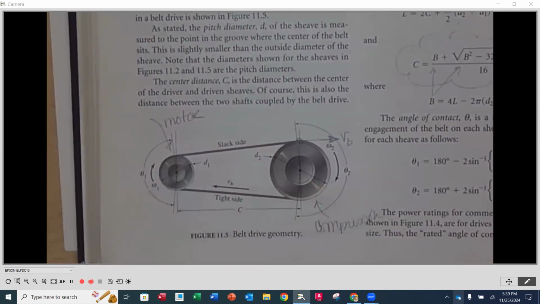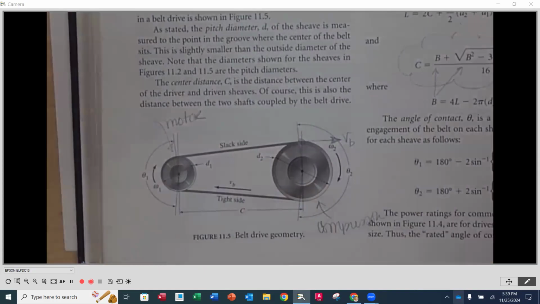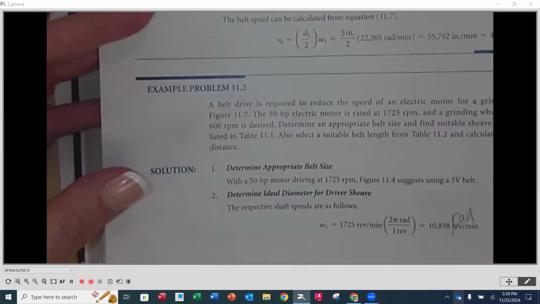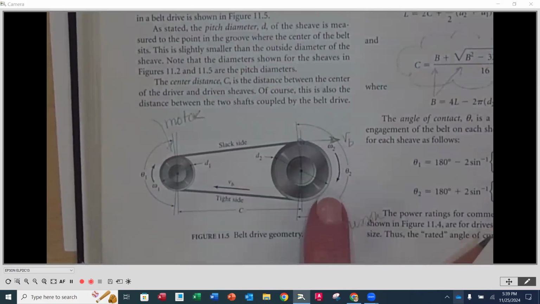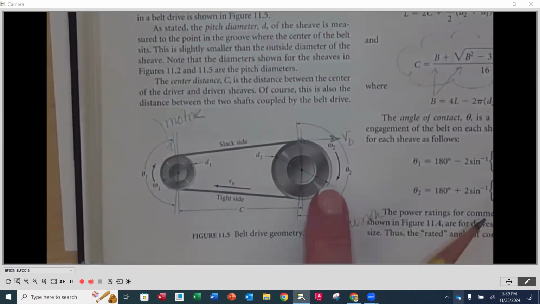We would have our small sheave on our motor and our large sheave going to the compressor. Then it's asking us to determine the size of the belt and how fast this one is rotating over here, based on the diameters that we have.